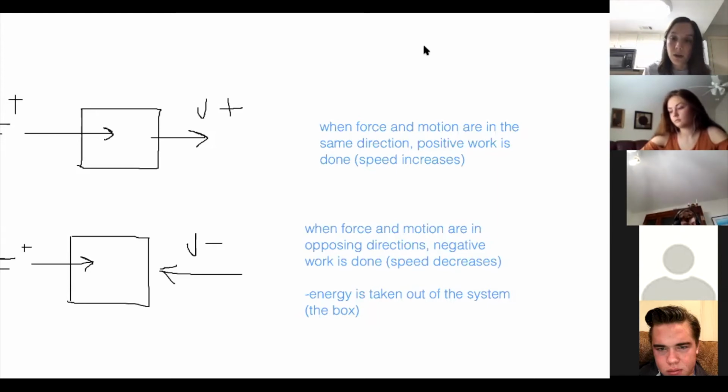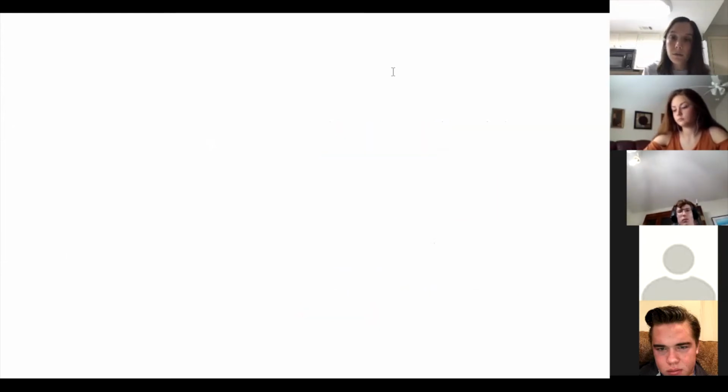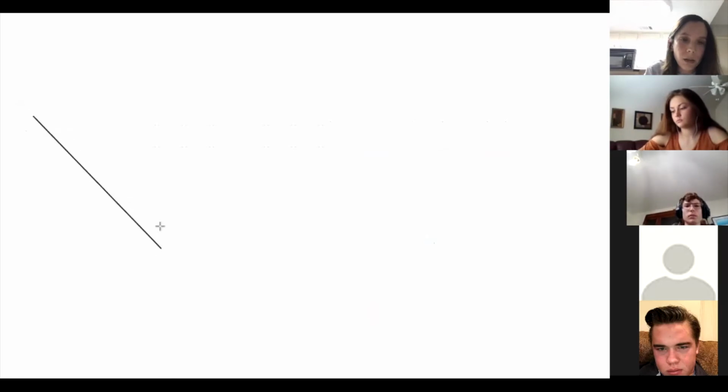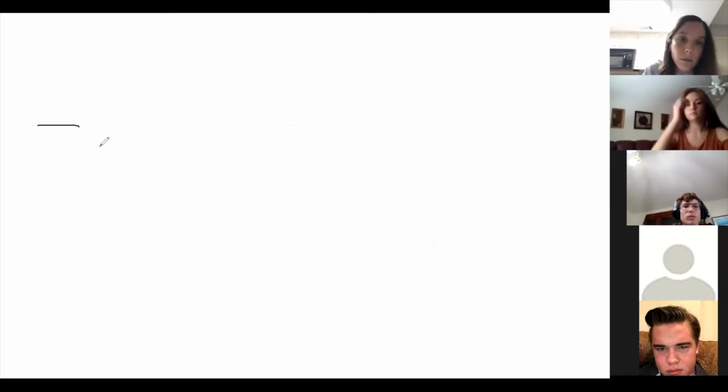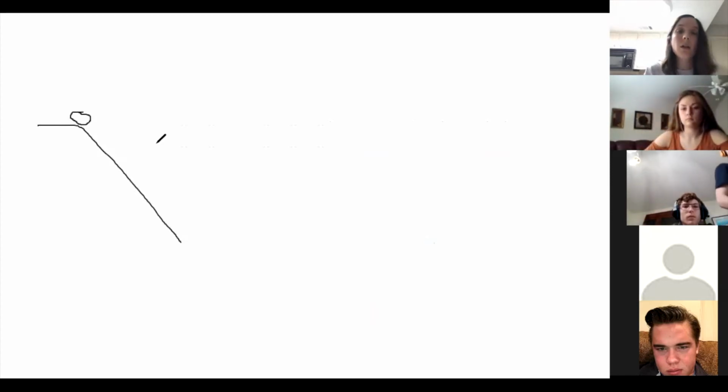Let me erase all that. There's many different forms of energy. For example, if you were to have a boulder on a hill, and the boulder isn't moving, but it could move, that's stored energy.